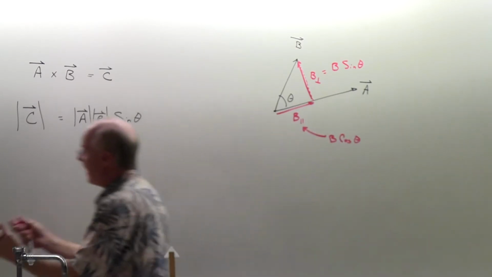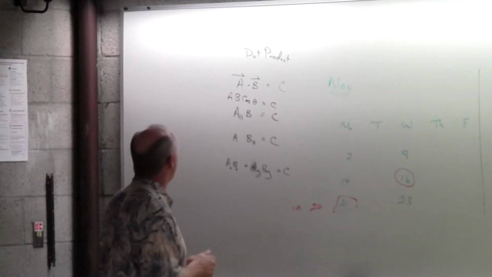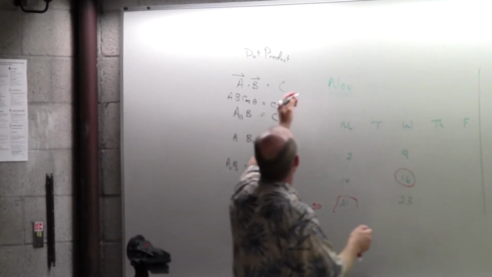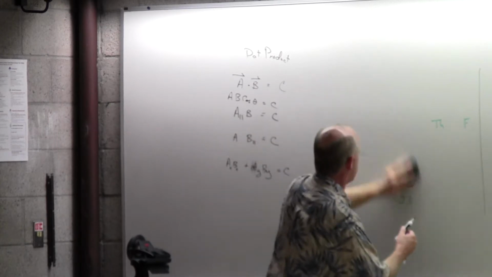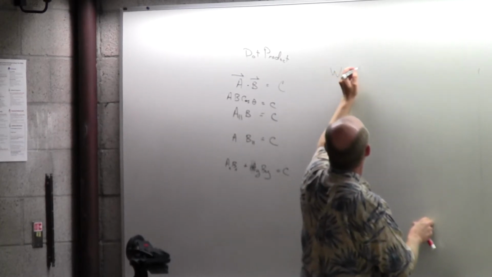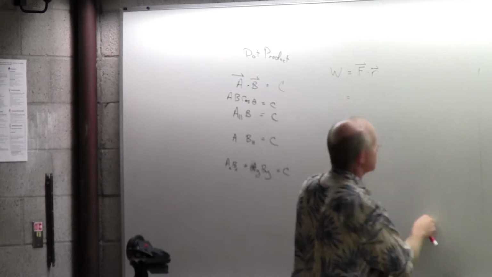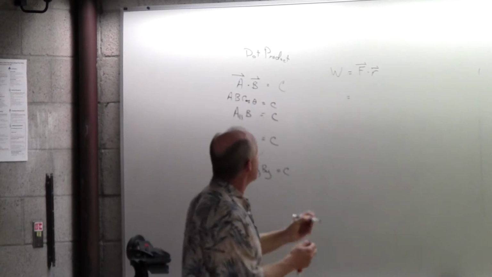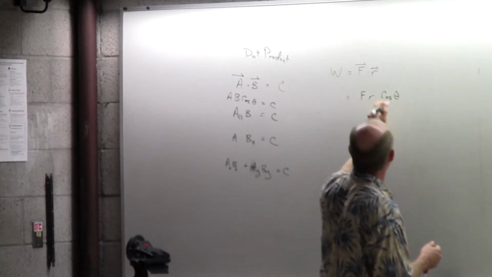If I come back here to the dot product, the reason we cared about the dot product is when we did the equation for work, force dotted with distance. In the simple case of a constant force, we wrote it as FR cosine theta.